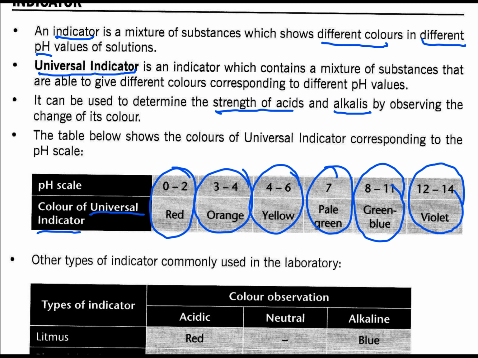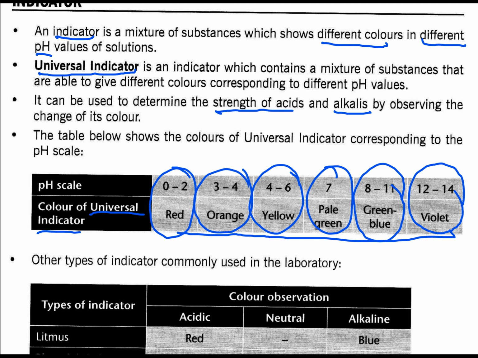Now notice this sequence is exactly the sequence of the colors of light. White light comprises 7 colors: red, orange, yellow, green, blue, indigo, and violet. So apart from indigo, the rest of the colors correspond to this same sequence.